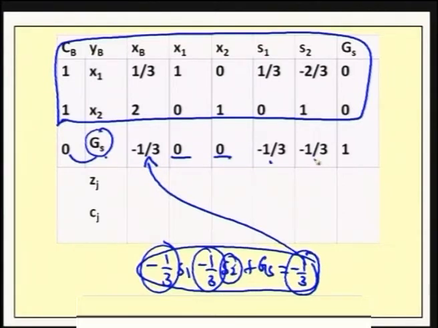The Gomorian slack has coefficient 1. So, by adding this Gomorian constraint to the previously obtained optimum simplex table, we get the new table which we displayed here.